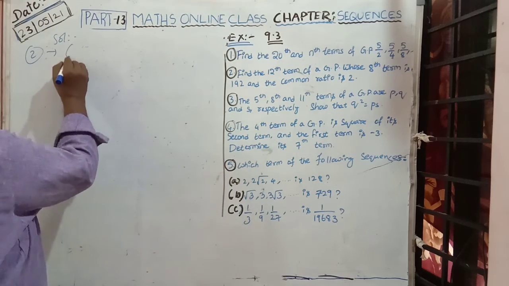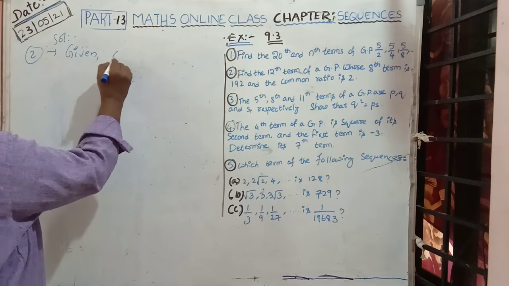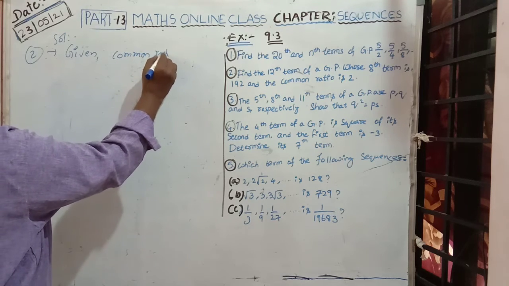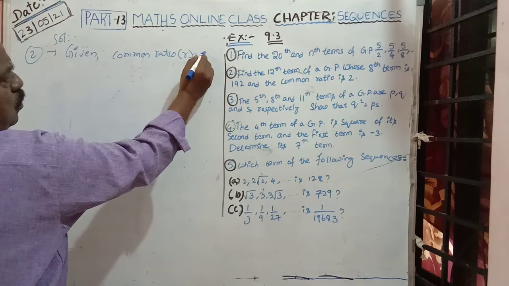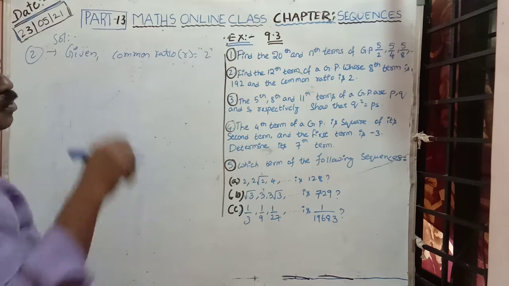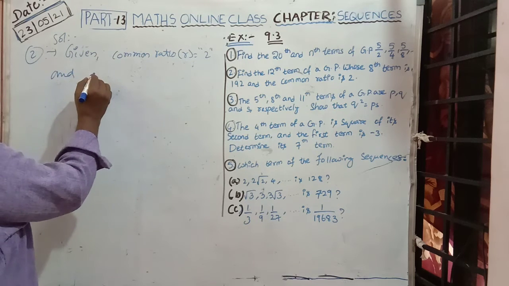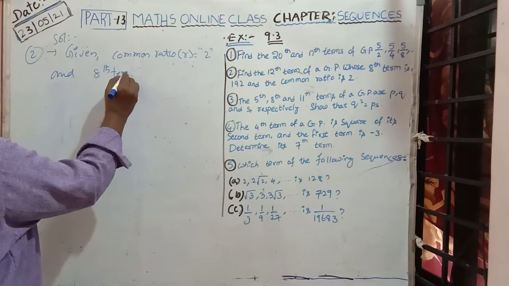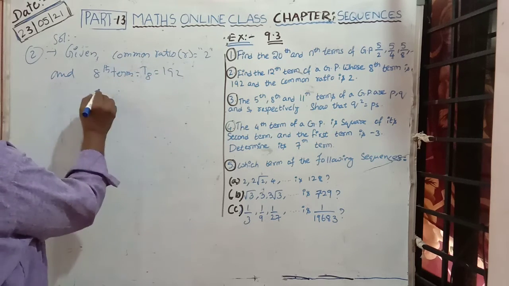What is given in the problem? Given common ratio, that is R, is equal to 2. And the 8th term, that means T8, is equal to 192.